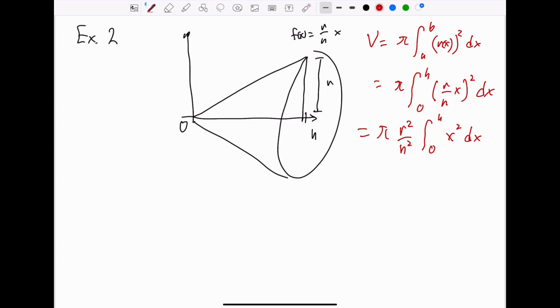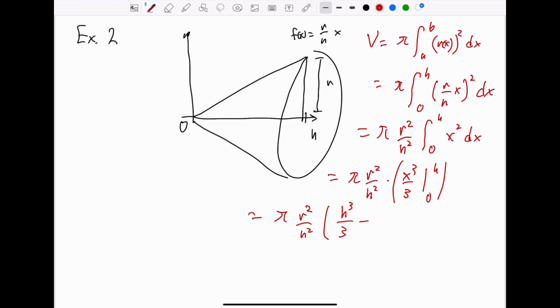Let's continue solving this integral. We need the antiderivative of x squared, which is again x cubed divided by 3. So pi times r squared over h squared times x cubed divided by 3, integrating from 0 to h. We begin by plugging in h. We have h cubed divided by 3 minus 0 cubed divided by 3. 0 cubed divided by 3 is just 0.